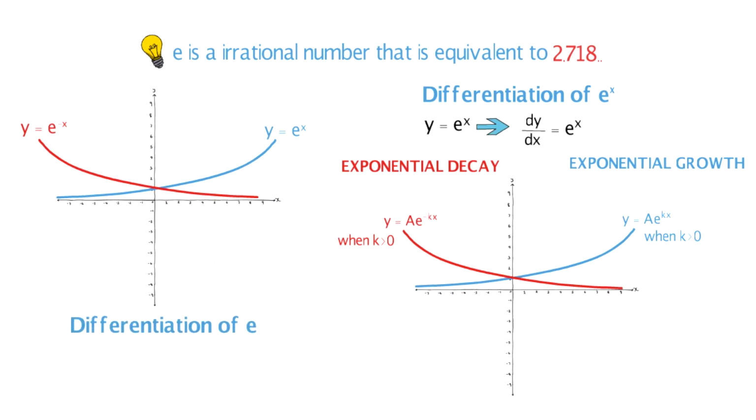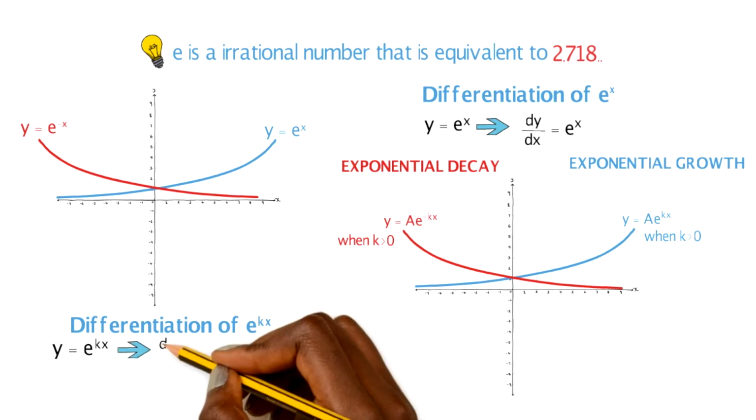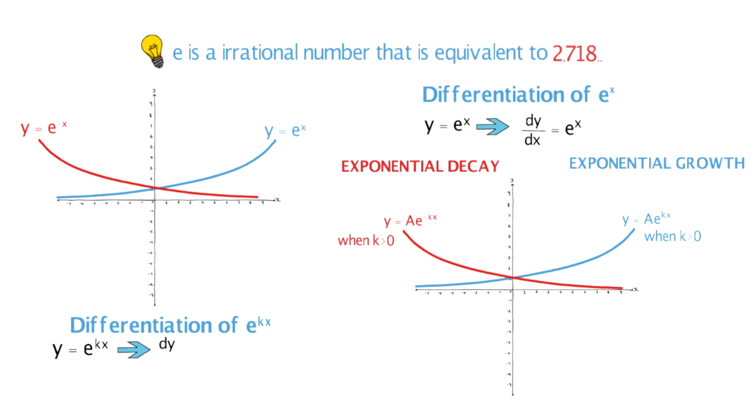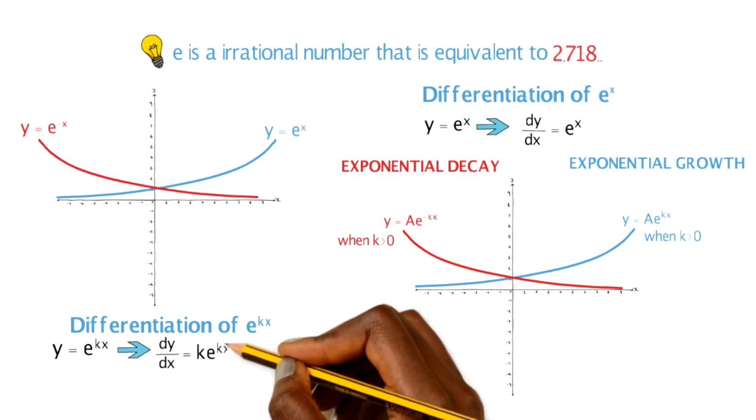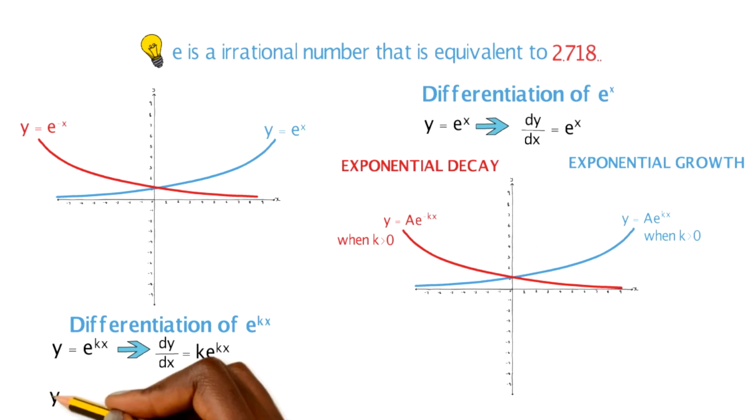So if we were differentiating y is equal to e to the power of kx, the difference here is, for instance, if you had e to the power of 2x, so a value in front of x this time, the dy by dx would not just be e to the kx, unfortunately. The value of k is going to come in front, and so it's going to become k e to the power of kx.